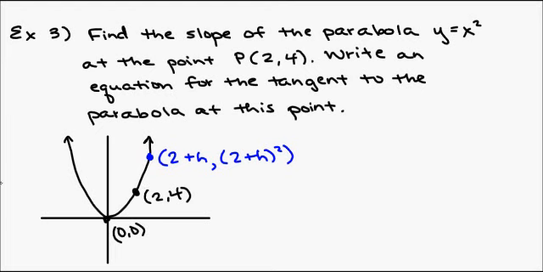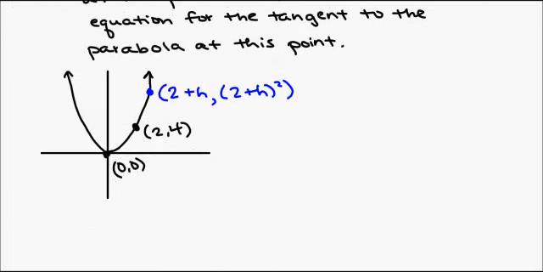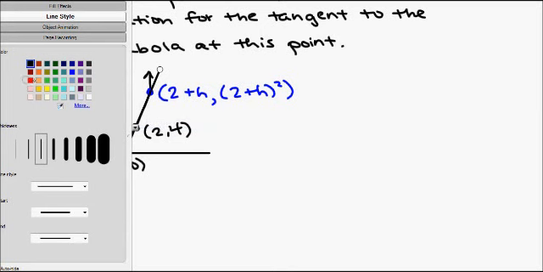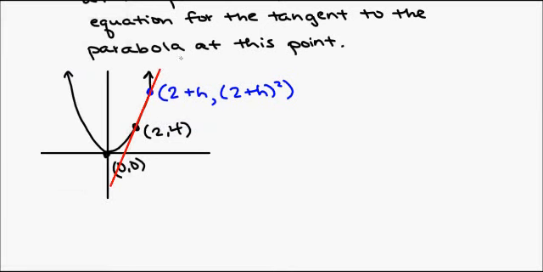So the first thing that I need to do is figure out the slope of the secant line passing through these 2 points. So this secant line right here, I'll make this red.